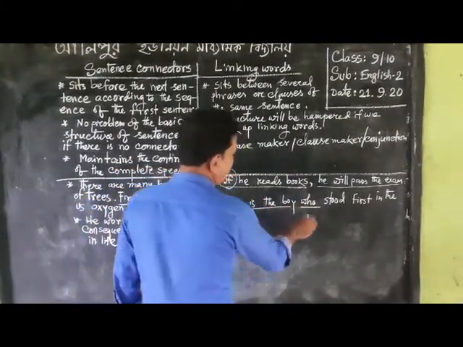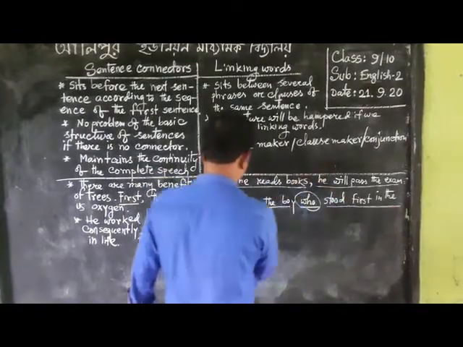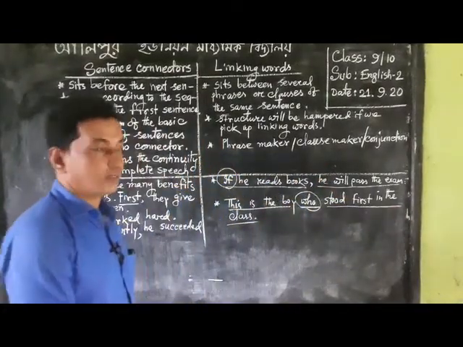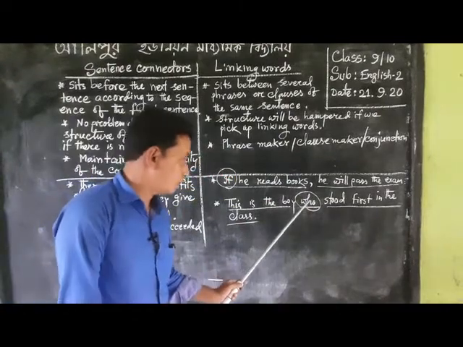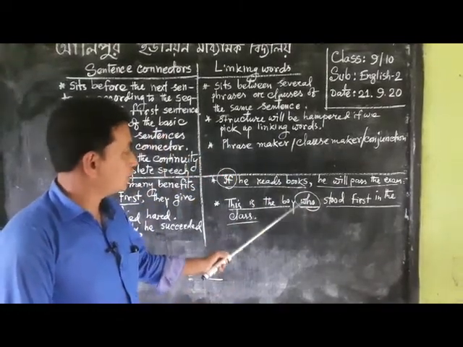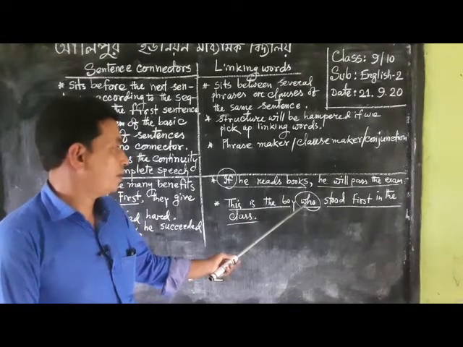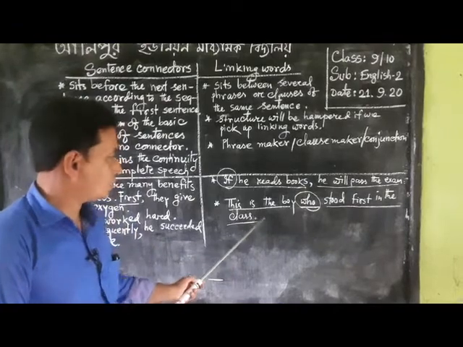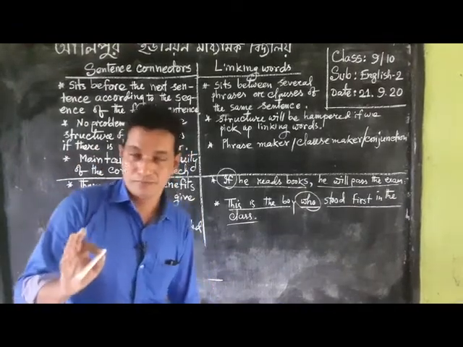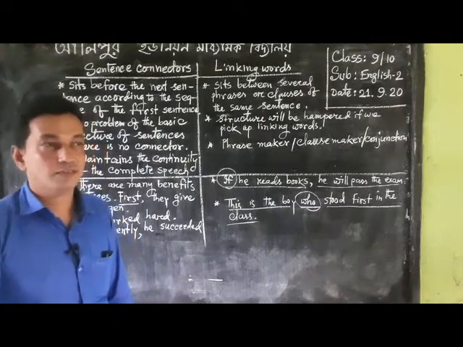This is the boy who stood first in the class. There are two clauses, and between the clauses we have written the linking word who. It is also called a relative pronoun, and it joins the two clauses. And you should bear in mind that it never joins two sentences. Okay, dear students.